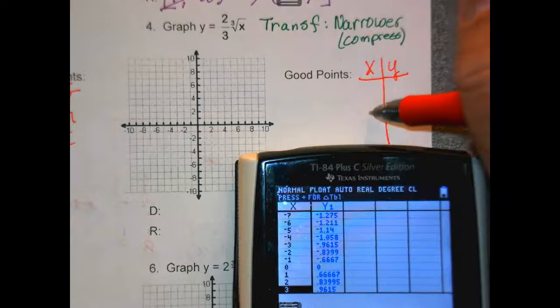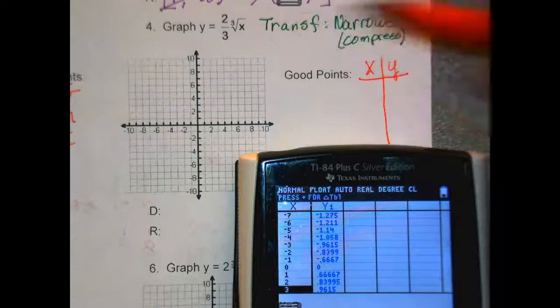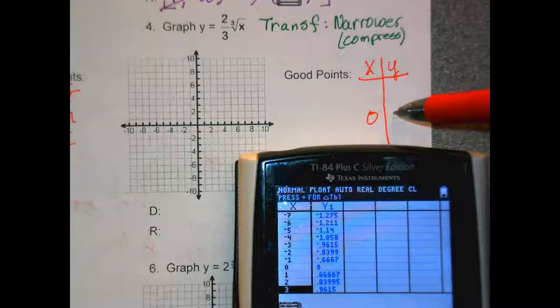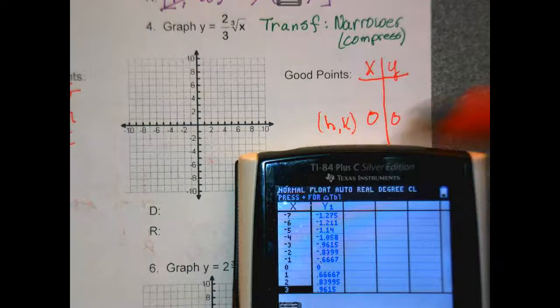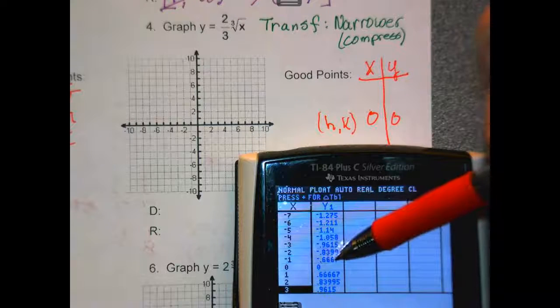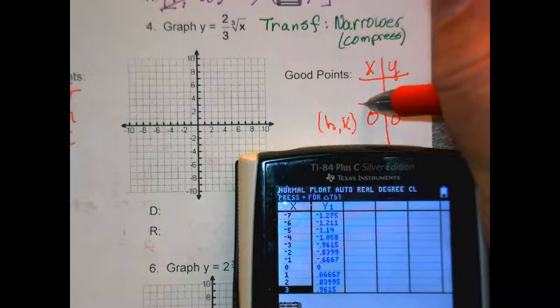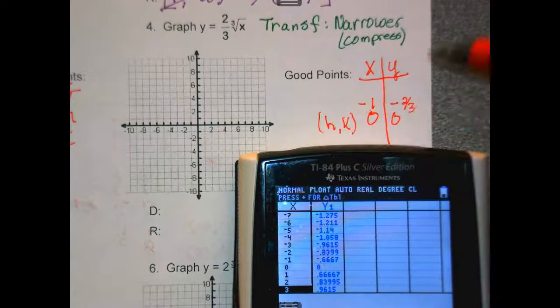So 0, 0, that's our HK, because my H is 0, my K is 0. So we need one smaller. See, -1 and -2/3. That's what 0.66666.